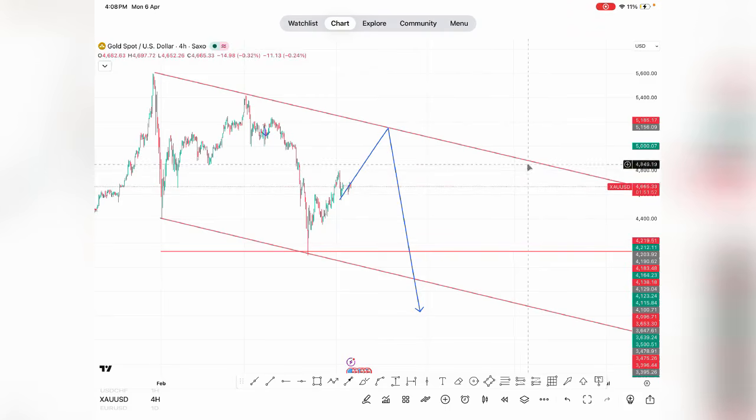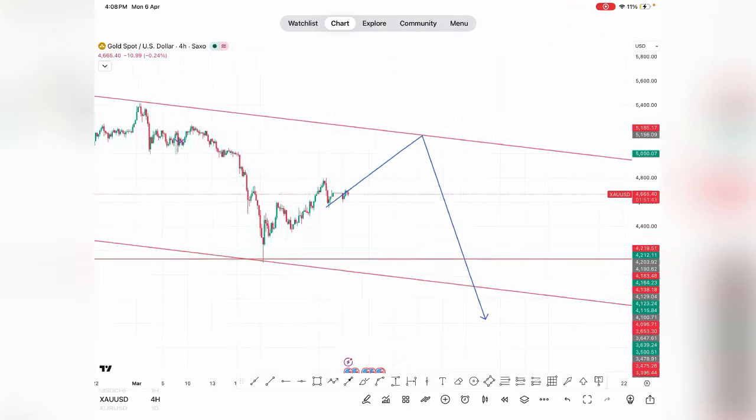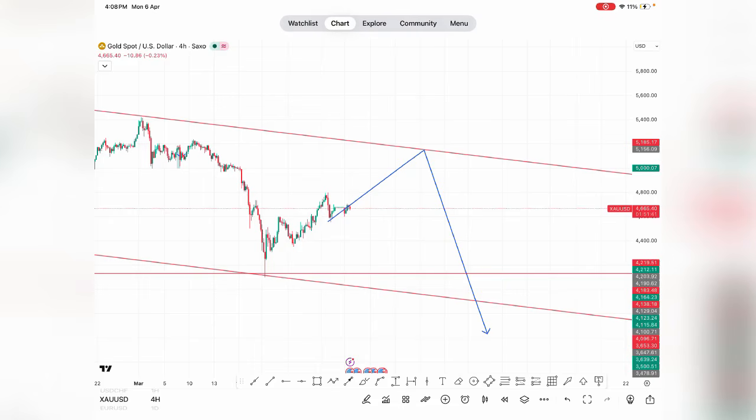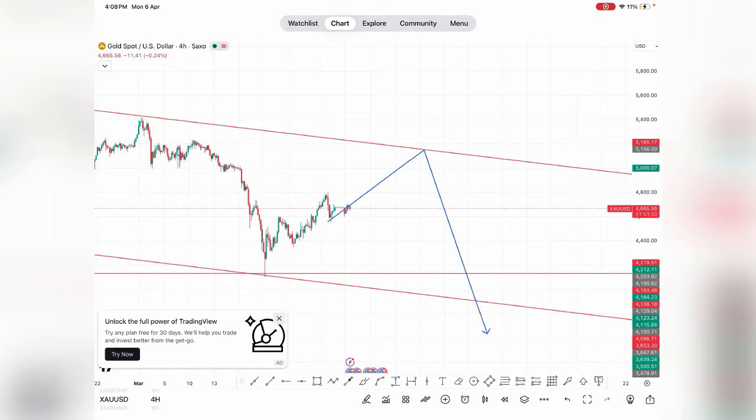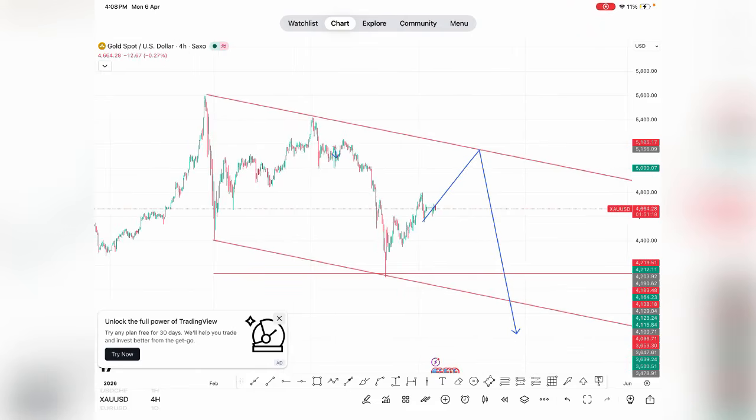Okay, now currently, as you can see, the market is trading slightly upward, at a price of 4,665. But this time around, it is trading from a lower low to a lower high, right?